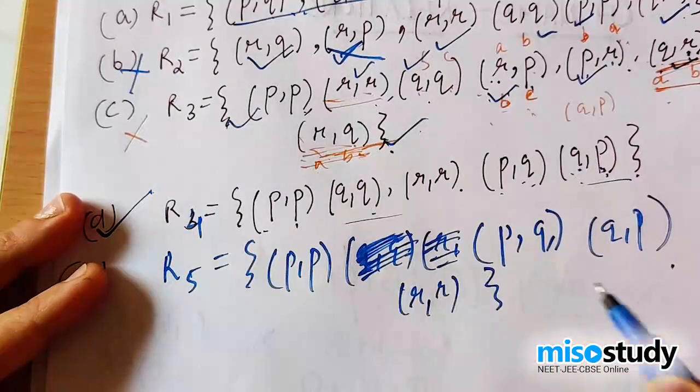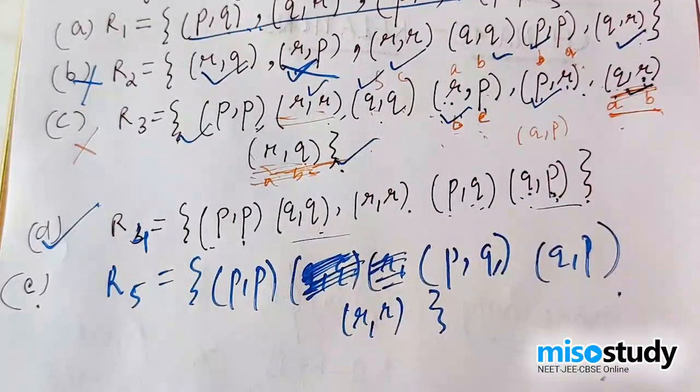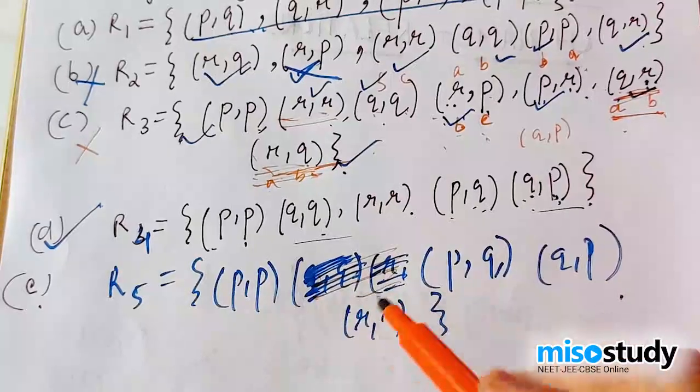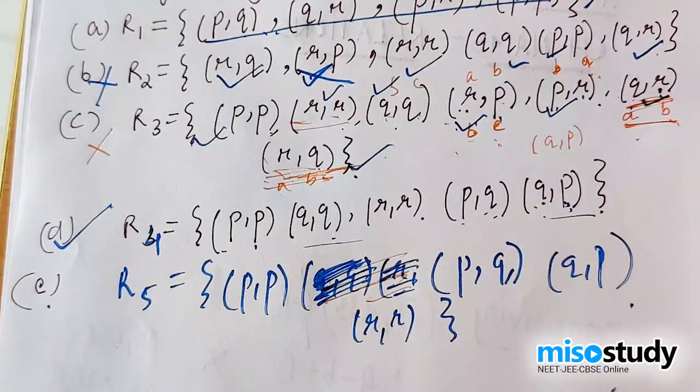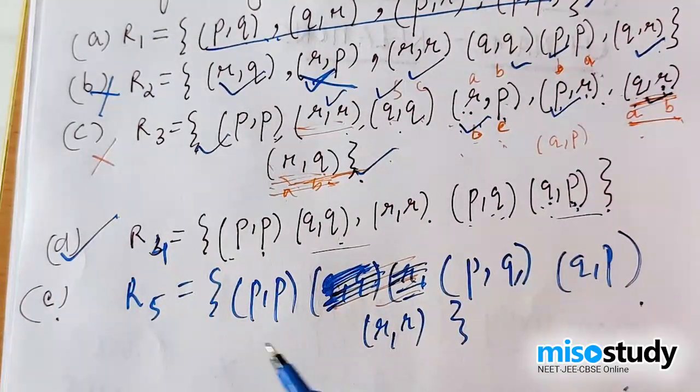So this relation, I know it's not reflexive for sure. Will this relation be transitive? This is my question to you. Generally, I feel students get confused in this. Is this relation transitive? Check for sure and think of this answer. I'm giving you 10 seconds. Think of whether this will be transitive or not. I hope you all must have thought of it as of now. Now let's just discuss it. It's not reflexive for sure.